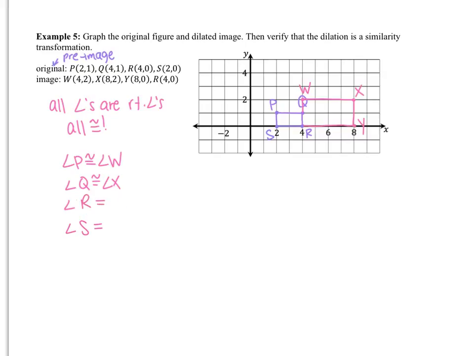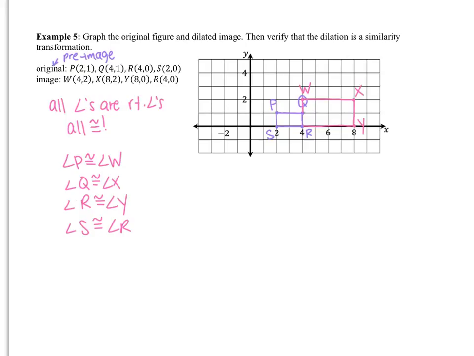So angle R is congruent to angle Y, and then angle S is congruent to angle R. Notice that angle R is the lower left for the image, but it's the lower right for the pre-image. So R corresponds with Y, but then R corresponds with S because this R is playing a role in each of the figures. All right, so there's our corresponding angles congruent.